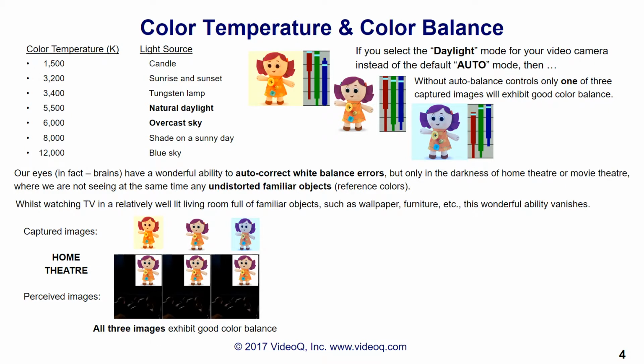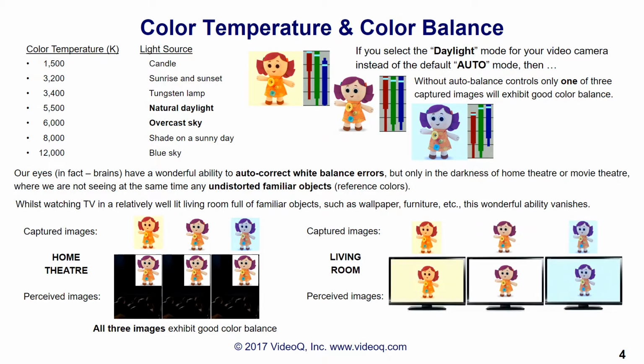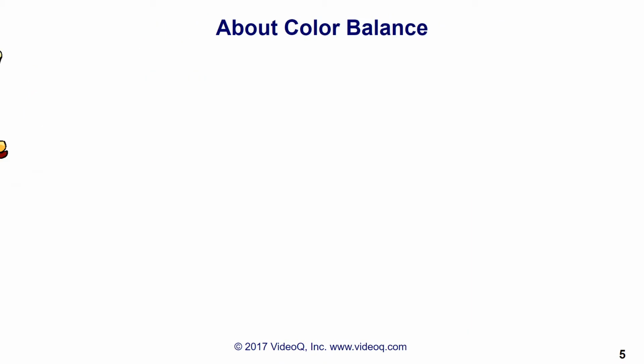In the darkness of a theater, all three perceived images exhibit good color balance. But in a relatively well-lit living room full of familiar objects like wallpaper, furniture, and so on, this wonderful ability disappears, so only one of the three images exhibits good color balance.